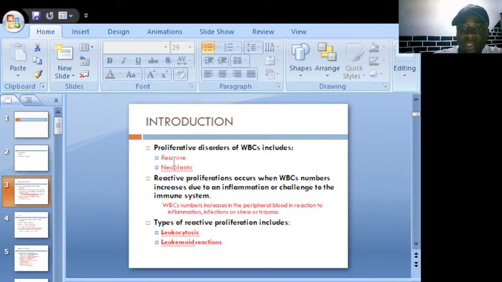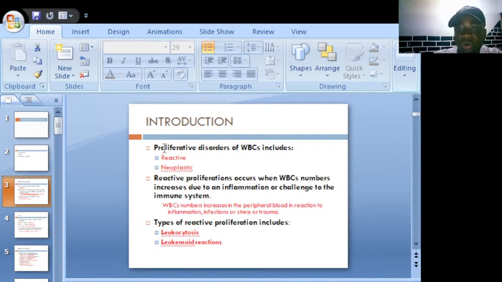With respect to hematological malignancies, we focus much on the WBCs, because they really affect the WBCs. Not only WBCs, but basically white blood cells are affected.